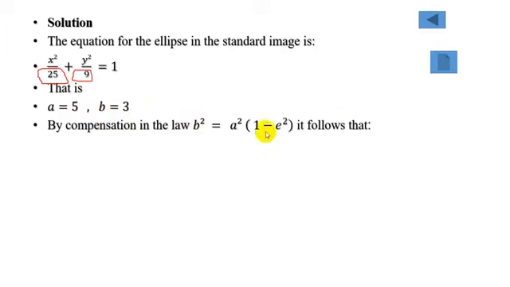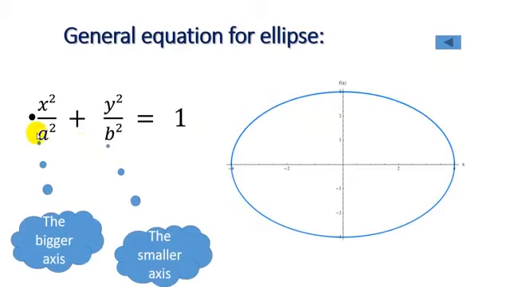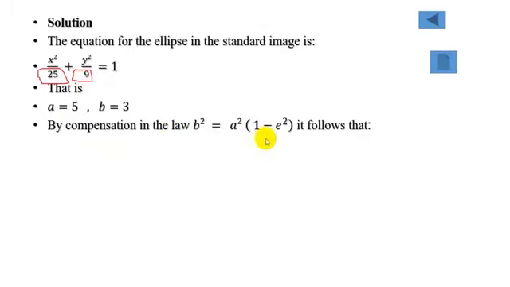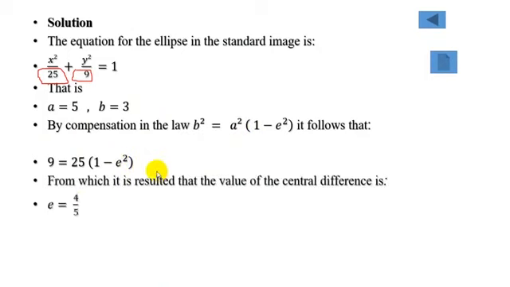And this is the relationship between them, as we said before. This is the general equation, and we talk about it here. So right now, if we apply, b square equals 9 and a square equals 25, and we need to get the eccentricity. So the eccentricity will be 4 over 5.